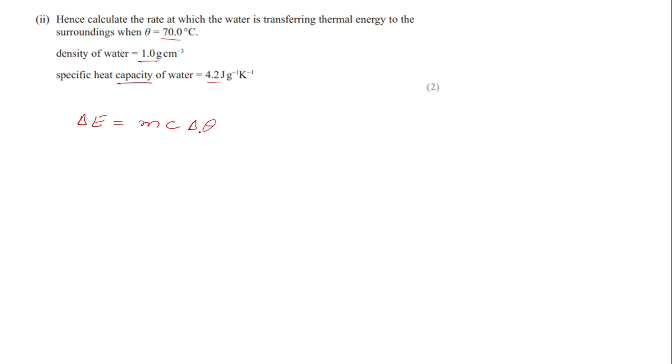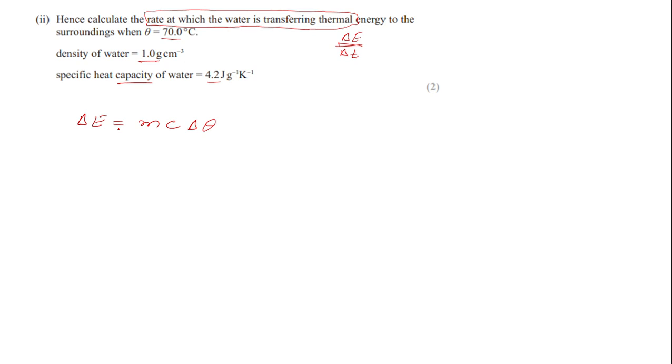This is the change in temperature, and we need to find the rate at which water is transferring thermal energy. This is an important statement. You must understand what this means. Meaning you don't need to find just E or delta E. In fact, you need to find delta E by delta t. This is the rate of energy transfer because we are dividing by t.